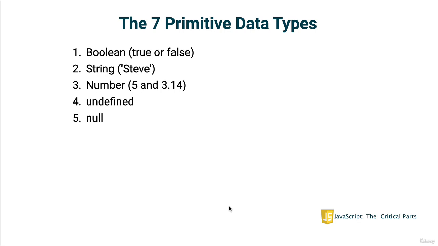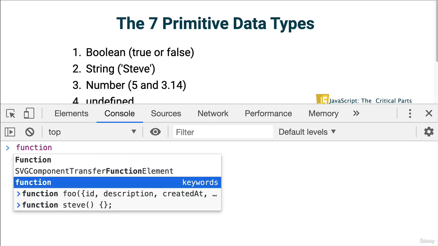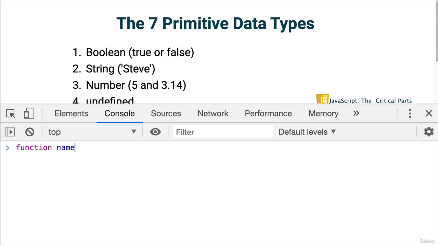Now, another case where we see undefined show up is if we have a function that doesn't return a value. Then undefined is basically the return value. You'll sometimes see that in the console. If you invoke a function in the console that doesn't return a value, you see undefined. Let me just show you that really quick. So if I set up a very simple function here, that's all it's going to do, console log.